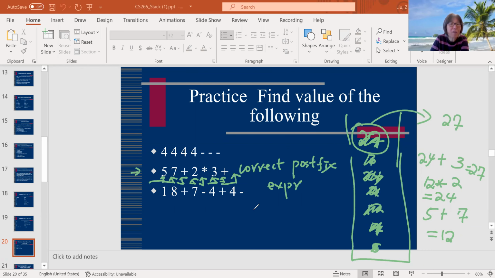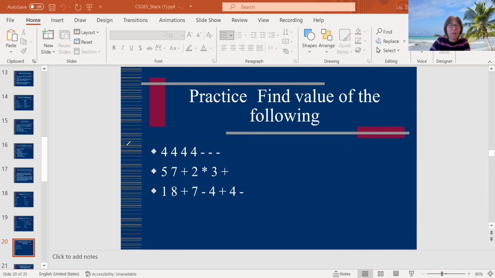And the result then is what? It's 27. So you can see it's pretty straightforward with this algorithm. And for the other 2, after class you can exercise, you can take a practice. Okay, so that's postfix evaluation.